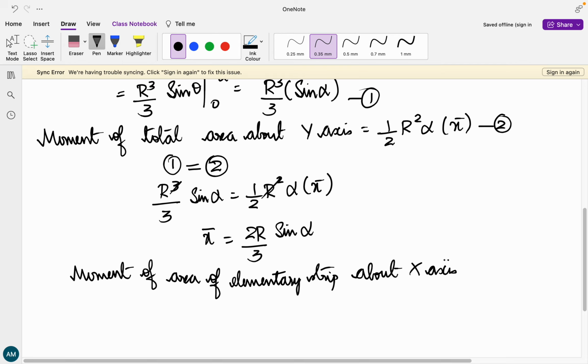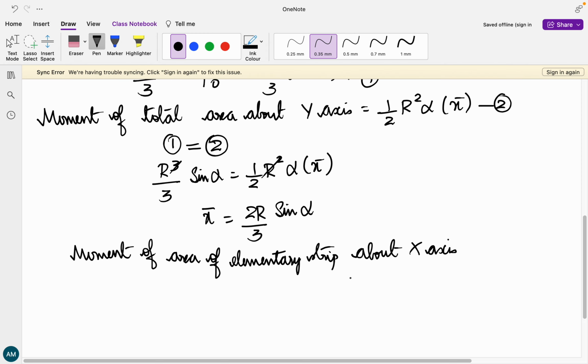If you're going to do this about the x-axis, then instead of cos, it is sine. So 2 by 3 r sine theta, this is the perpendicular distance, and half r square d theta is going to be your area. So this is equal to r cube divided by 3 sine theta d theta.